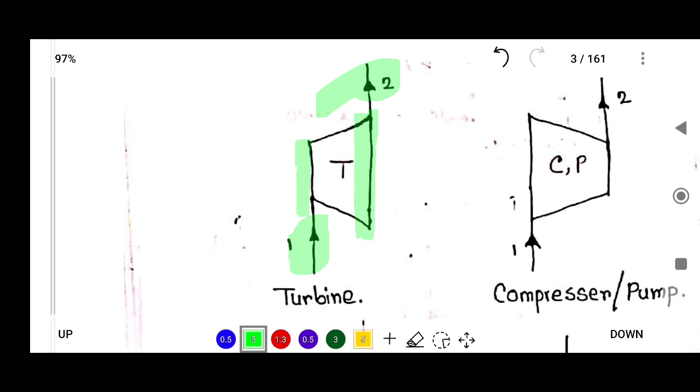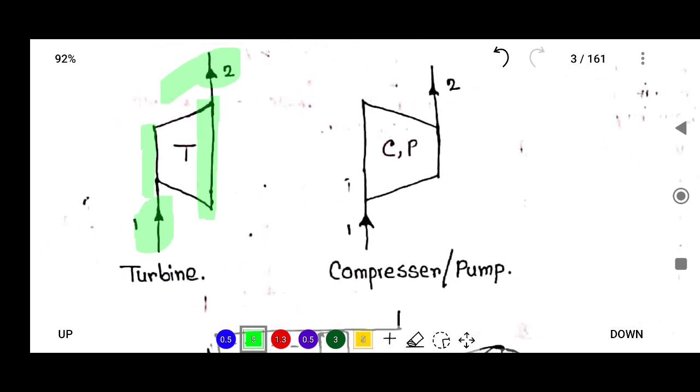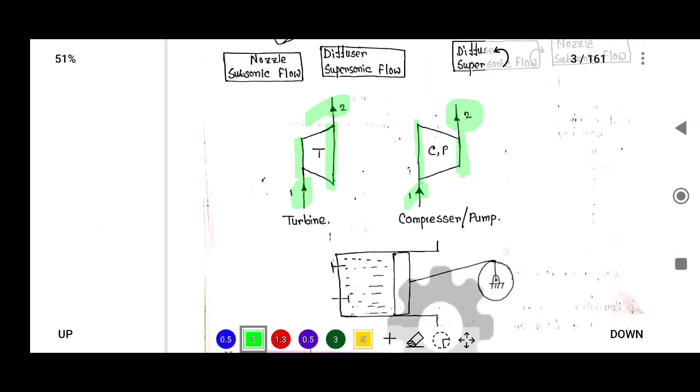This is the symbol of a turbine. But in a compressor this is just the opposite: the larger area will be the inlet and the lesser area will be the outlet. So this is the inlet and this is the outlet. This is the symbol of a turbine and a compressor or pump.